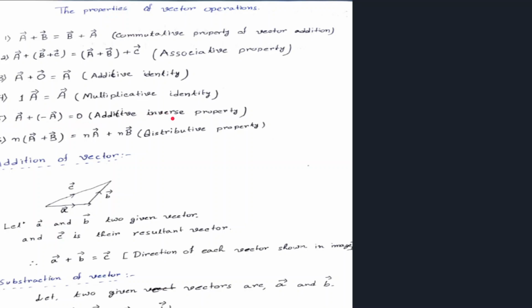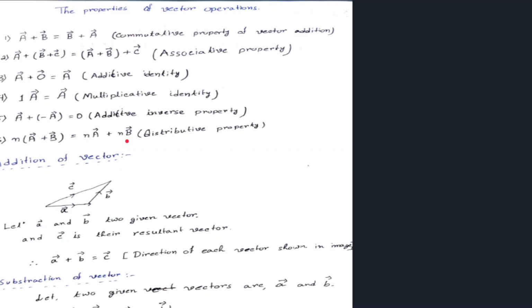This is the additive inverse property. How? If it is a and the opposite direction, the same, it is minus a, and the sum is equal to 0. And the last one is the distributive property. n into a plus b can be written as n a plus n b.